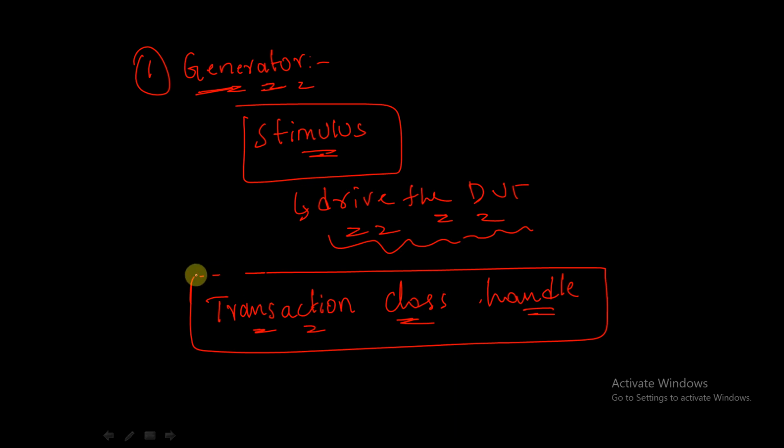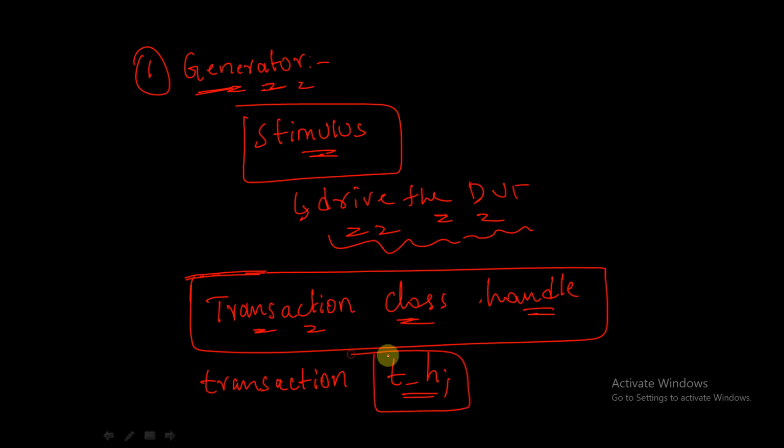How to declare the transaction class handle? The syntax we already know: class name, transaction, and some handle name, let's say t_h. Using this handle t_h, we are going to create the object for the transaction class inside the generator class.